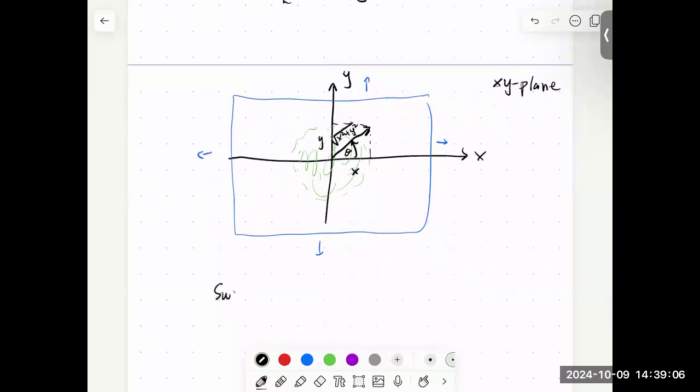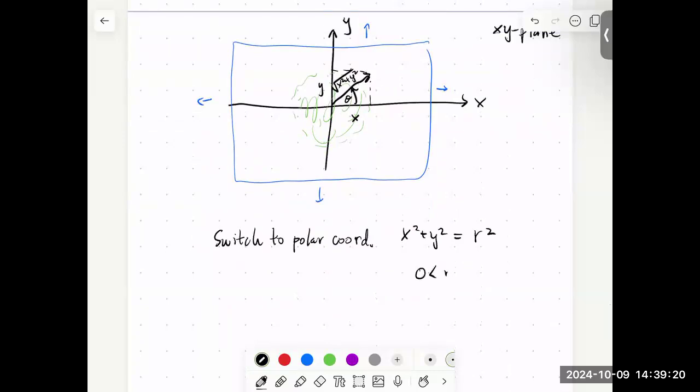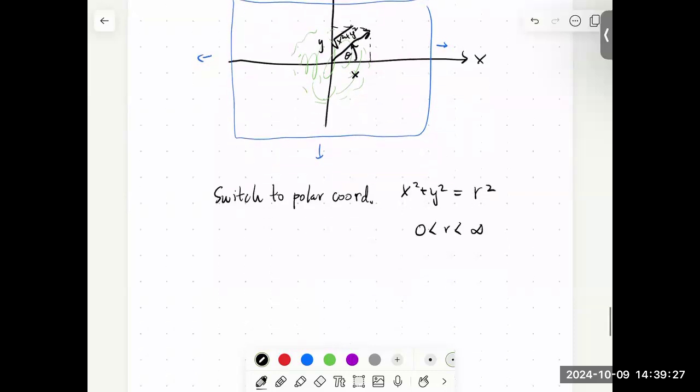So we're going to switch to polar coordinates. What that means is that x squared plus y squared is going to be equal to r squared. And r, if we have an infinite sheet, is going to span 0 to infinity. And we're going to have a theta, which will go from 0 to 2 pi. Maybe I should use phi. So let's use phi.